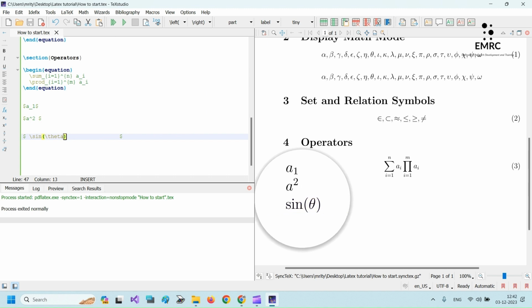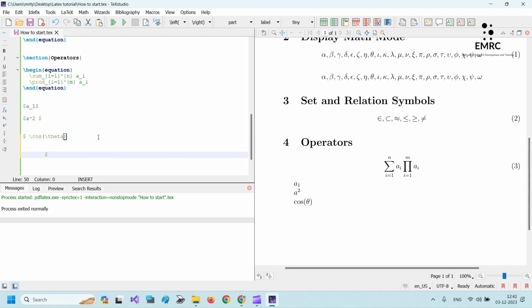So sine theta. You can write tan theta also, or cos theta. You can write cos theta.